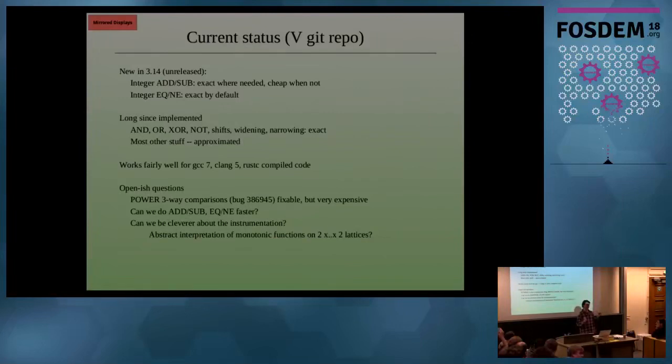When it knows that we don't actually care about certain circumstances, it can show that the cheap and expensive interpretations are going to produce the same result, so it uses the cheap one whenever it can, and we do exact integer equality by default now.